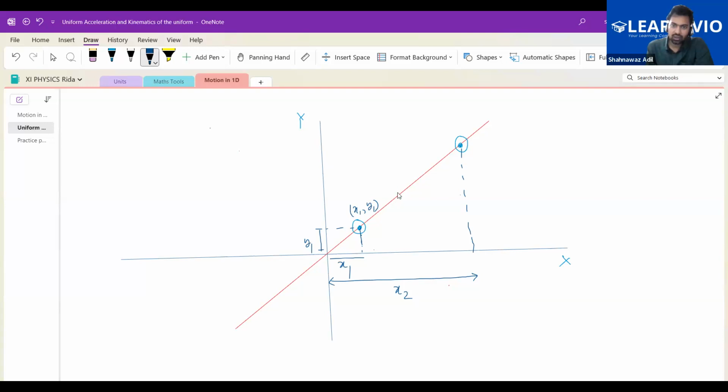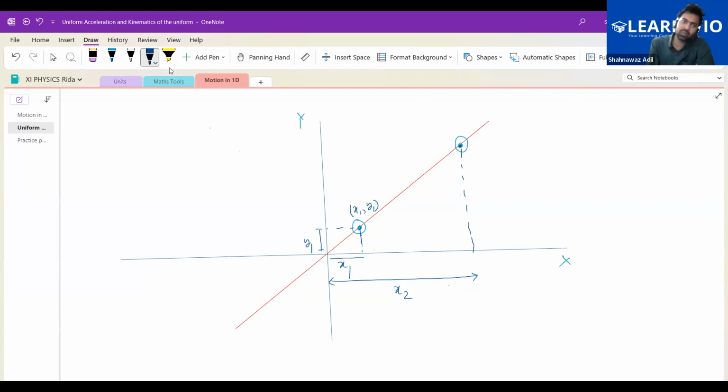Where are you? Like the second equation you're telling, right? Yeah, second equation. What is not clear? No, like from x to x2. Yeah, so this point is here. So this will have some x and y, right? This point.